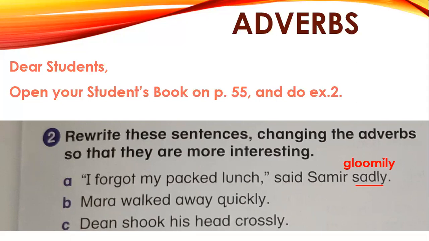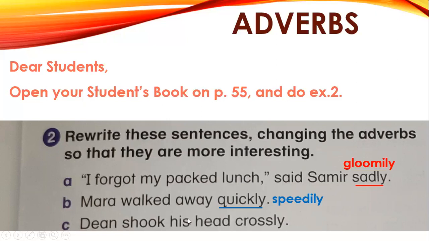Any adverb that gives the same meaning as quickly is acceptable. I will give you an example. Quickly means speedily. Speedily is an adverb and quickly is another adverb, but speedily is more interesting than quickly.